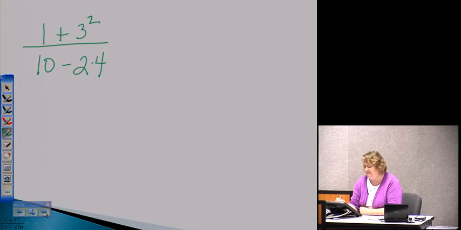So I'm going to do the top first, and on the top we have an exponent, 3 squared, which gives me 9. 1 plus 9 gives me 10.